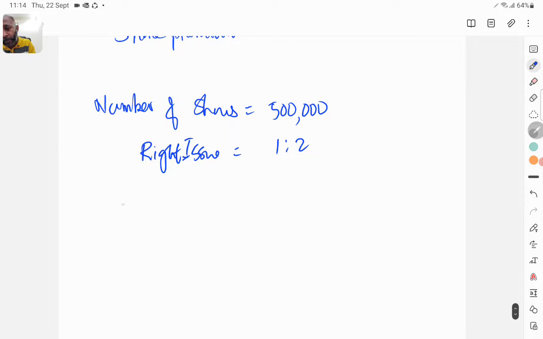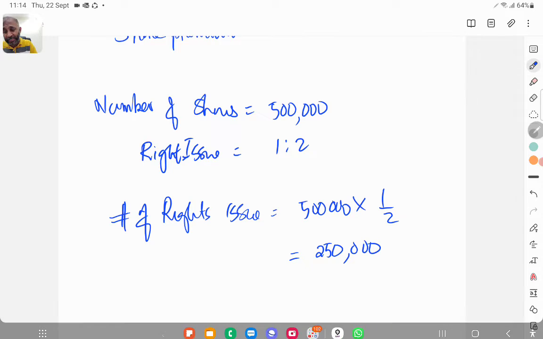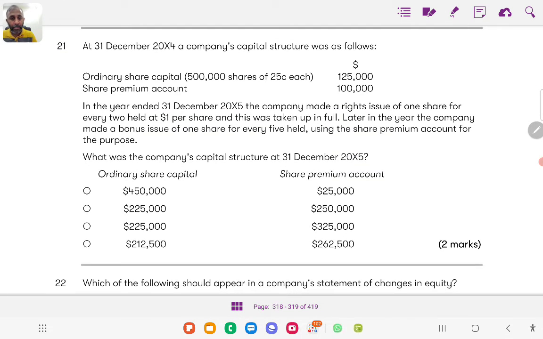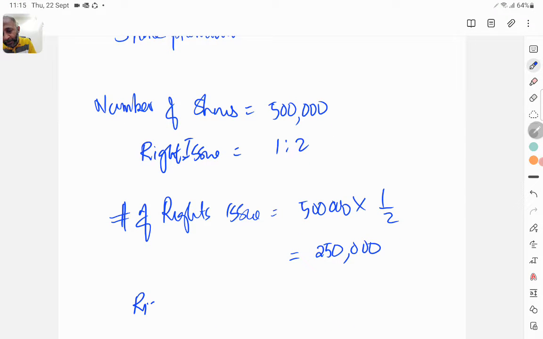Therefore, the number of rights issue shares will be 500,000 into 1/2, which will give you 250,000 shares. And then what is the price? The price is $1.